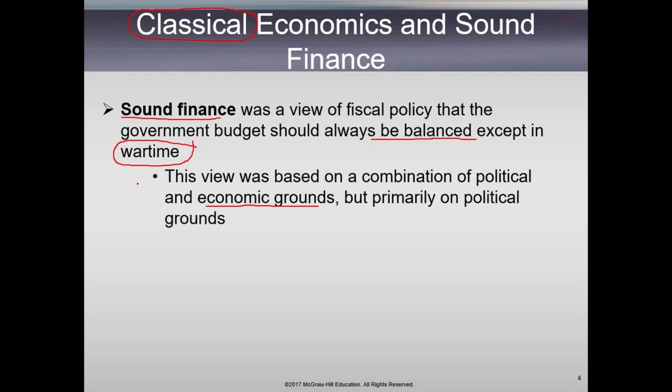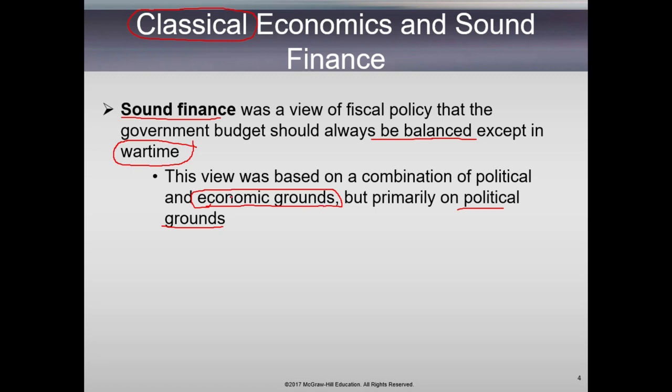So that's the intersection between the economic grounds for viewing that the government should balance its budget and the political grounds, really just a skepticism of what government policy can achieve. If the government is out there running big deficits, they're financing those deficits by issuing bonds. Issuing bonds, we know, drives down bond prices, drives up interest rates, and is going to cause less private investment.